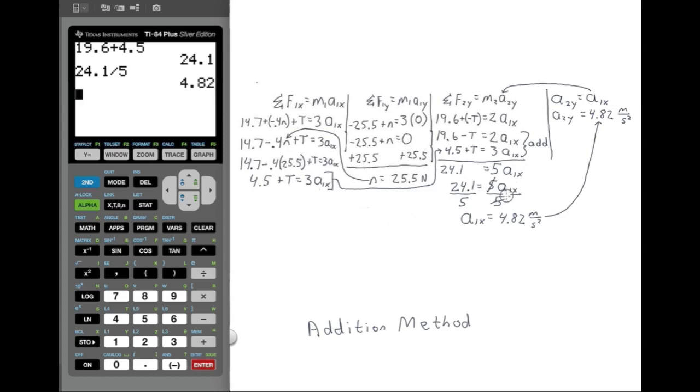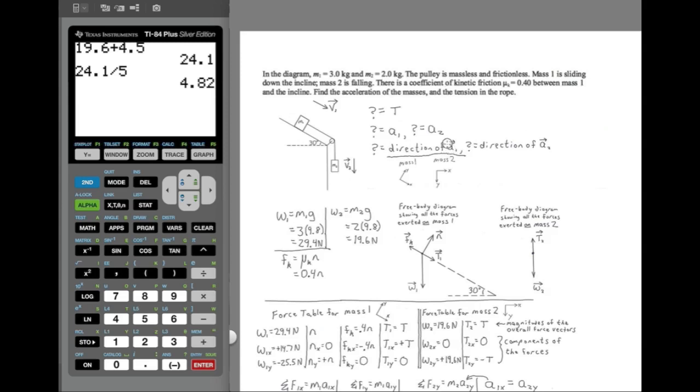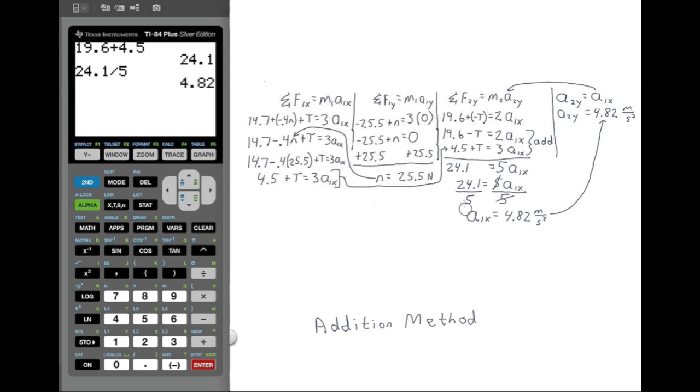Now, if we want to, we can use this result for a sub 1x to determine a value for capital T. Do we care what the value of capital T is for this problem? Well, yes, remember that capital T is one of the things that the question was asking us for, so we certainly do care about the value of capital T for this problem. So how exactly do we use this result to find capital T?